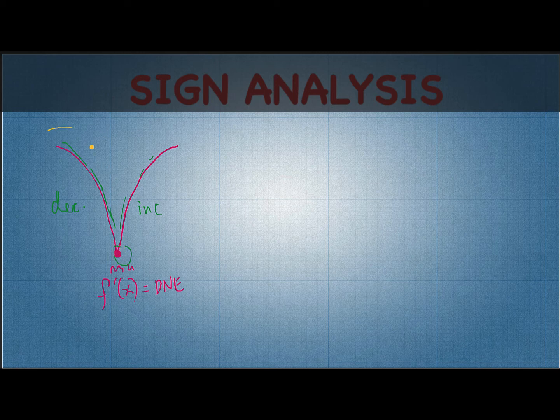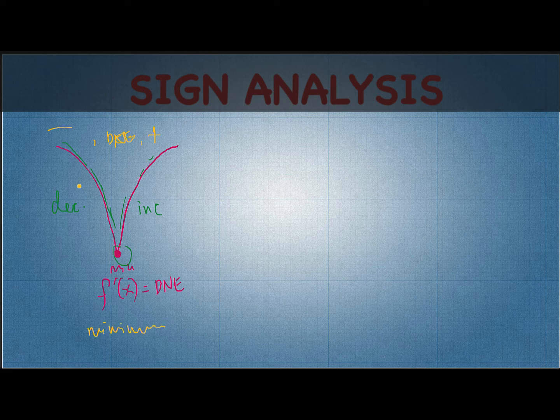At this point, the slope does not exist. Let me write that again. The slope here does not exist, DNE, and we have here increasing, positive. So if we have negative, does not exist, positive, it means that we have a minimum.